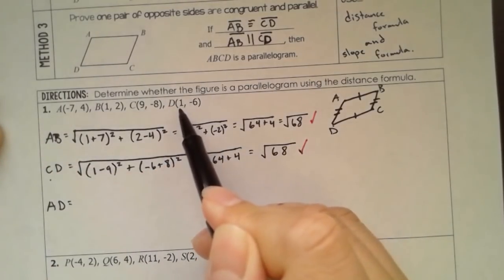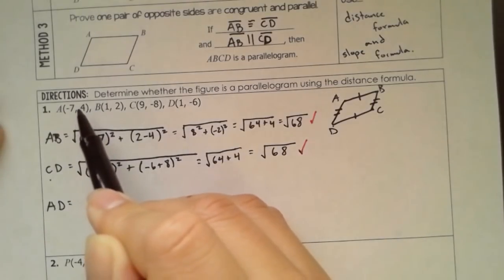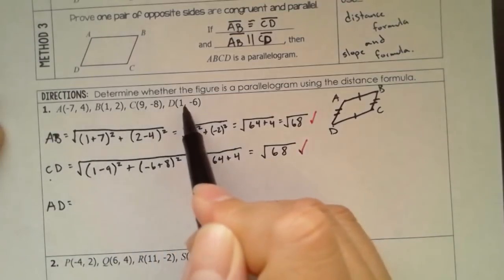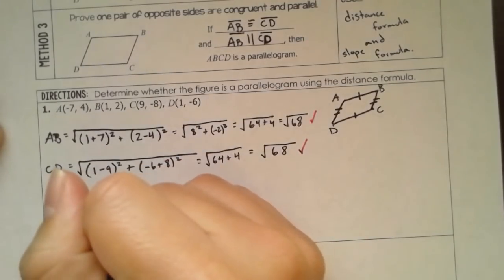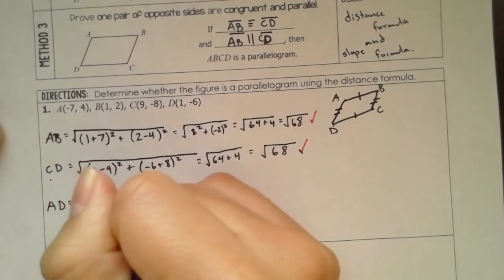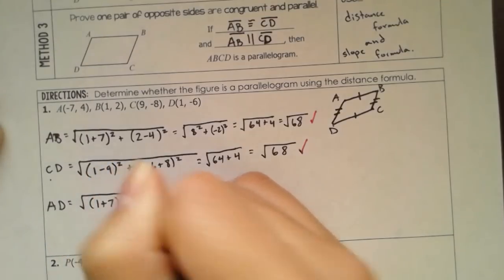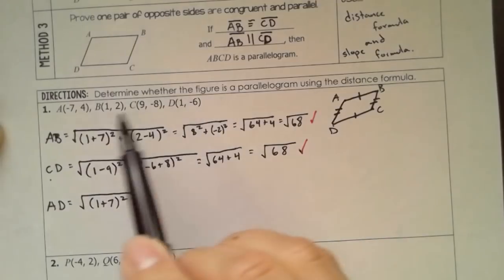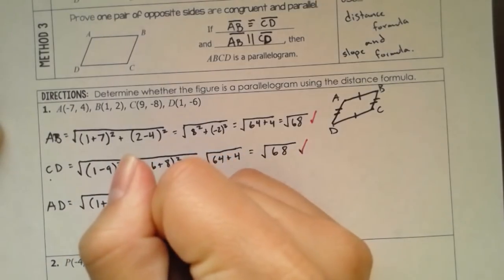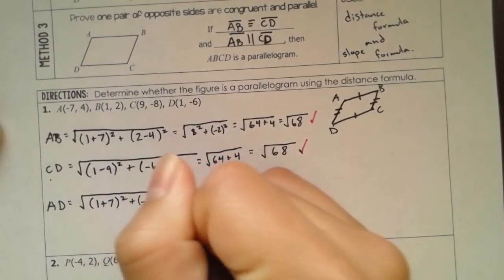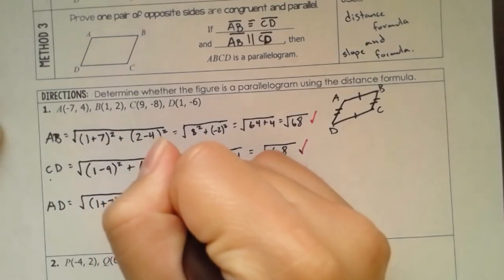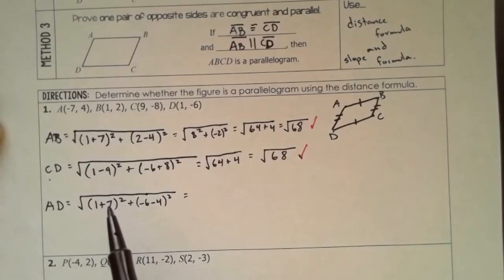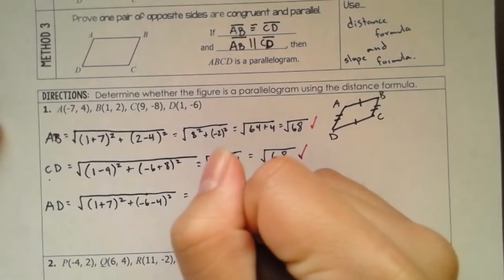X2 in this case is 1, and I'm going to subtract negative 7. Subtract negative 7, it becomes plus 7. So 1 plus 7. So I get 1 plus 7 squared. And then I have negative 6 minus 4, so plus negative 6 minus 4 squared. 1 plus 7 is 8. 8 squared is 64.